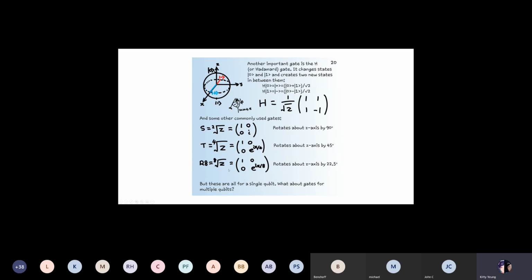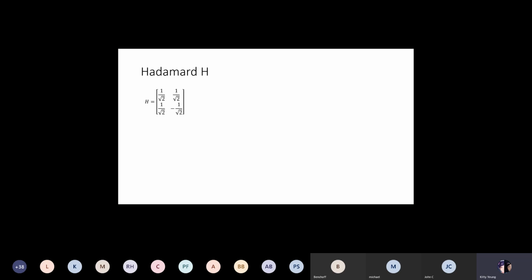These are also very useful gates. So if you use these commonly used gates, you can put your qubit onto commonly used locations. You can use a combination of them.